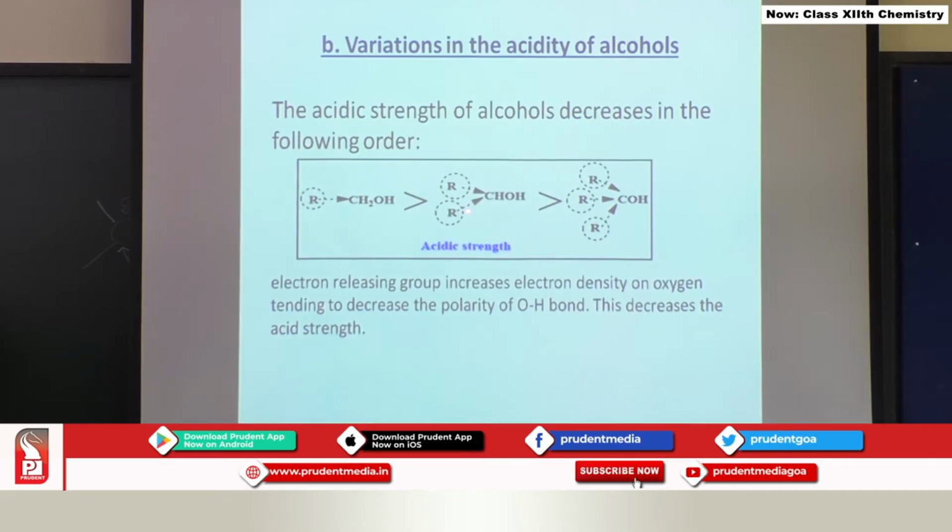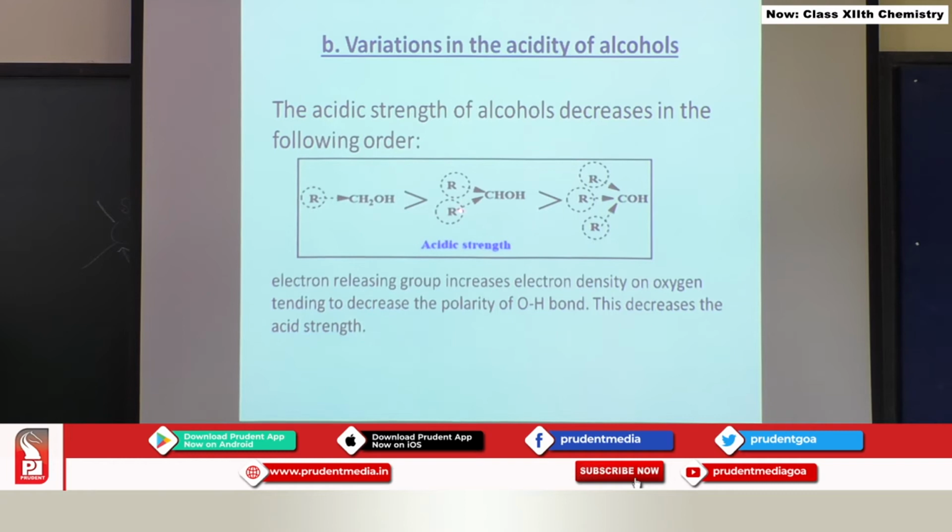Now, in this case there are 2 alkyl groups, this is secondary alcohol. So, plus I effect is coming from 2 alkyl groups, electron density on this carbon is increased, therefore, polarity between C and OH bond here is decreased. Similarly, in case of tertiary alcohols, alkyl groups are coming from 3 different sides.